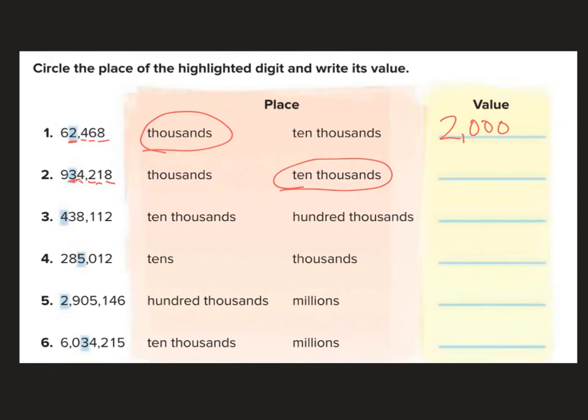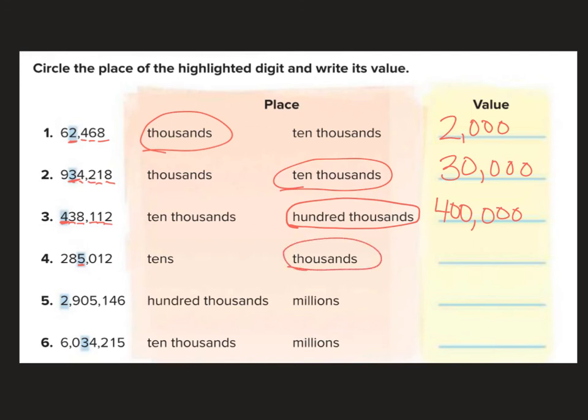So then that 3 is worth 30,000. Now this 4 is in the hundred thousands place because we've got ones, tens, hundreds, thousands, 10,000s, 100,000s. So that 4 is worth 400,000. Here we have a 5, and that 5 is in the thousands place, and that 5 is worth 5,000.